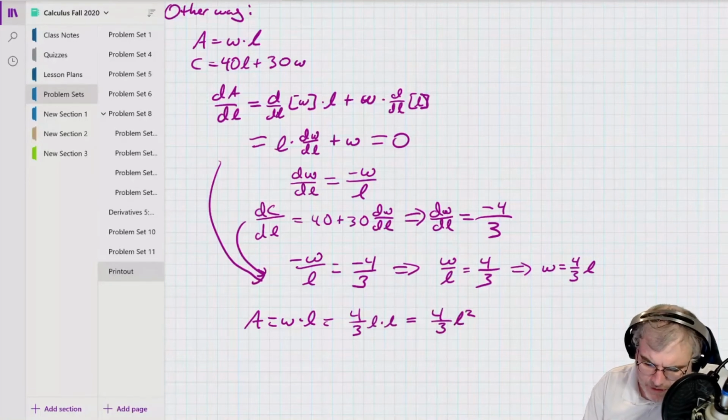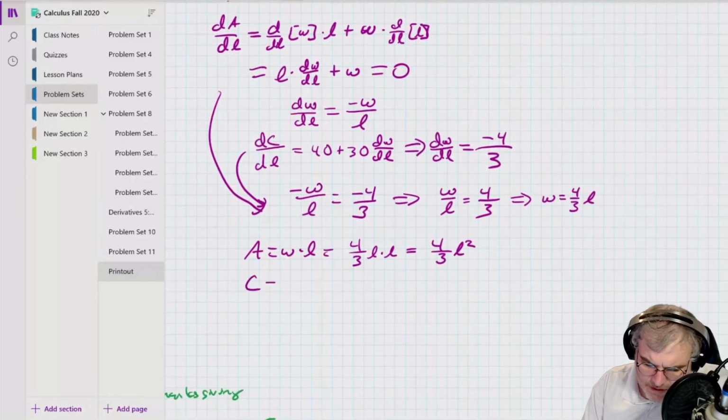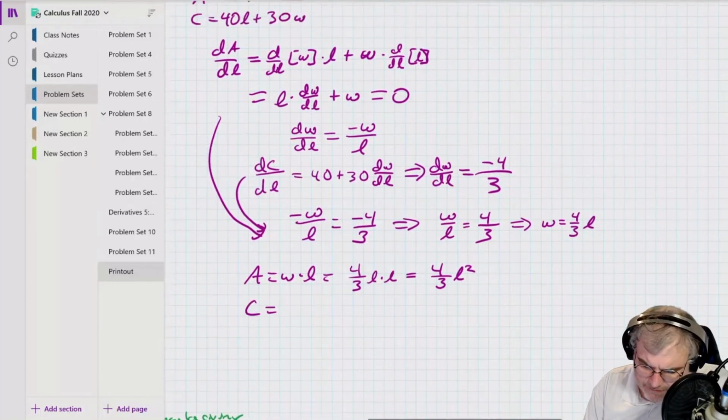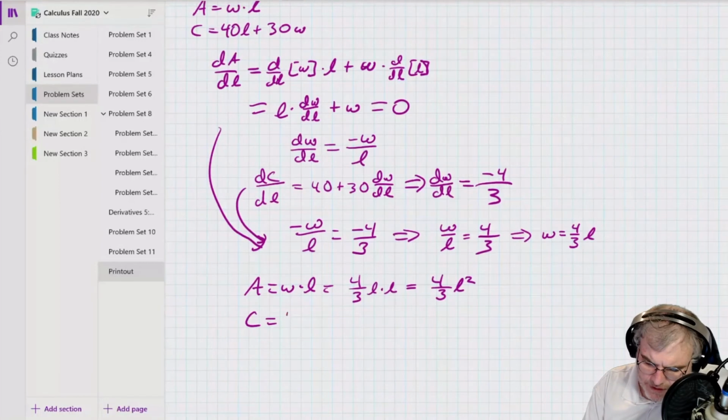All right, so for my cost, I get that this is 40L plus 30 times 4/3 L, which equals 40L plus 40L, that equals 80L.